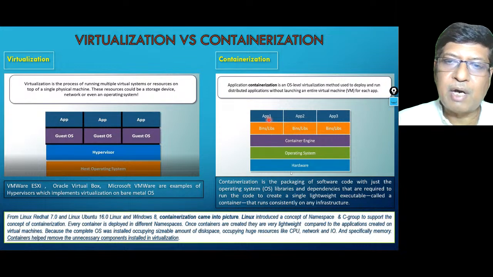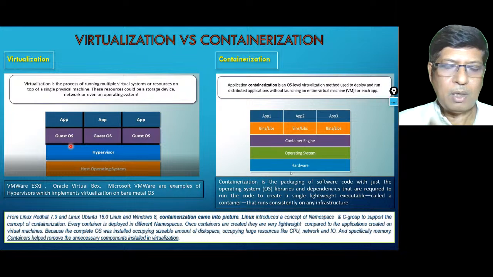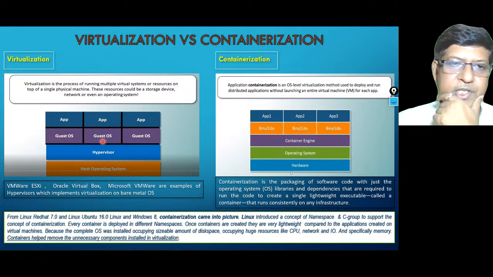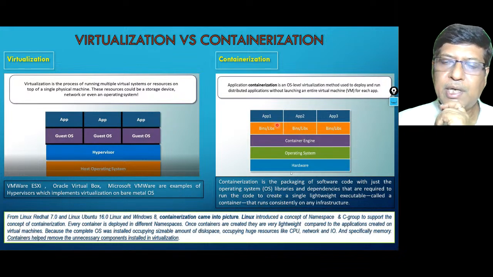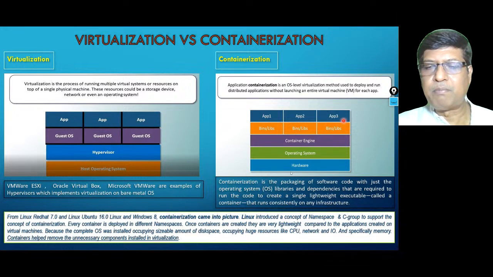The same application now occupies only 30 MB, whereas this was occupying 2 GB, this 1 GB, this 3 GB. So 30, and maybe 20, and this may be 40, but not more than that.